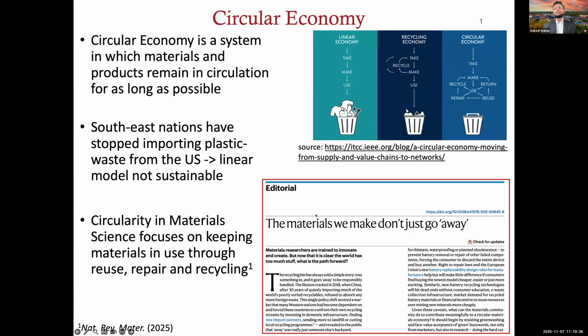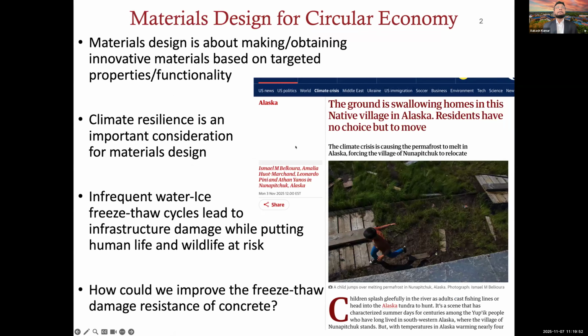And recently, there was a very nice theme in Nature Reviews Materials, with very good papers mentioning how we can focus on materials design when we are talking about circular economy.